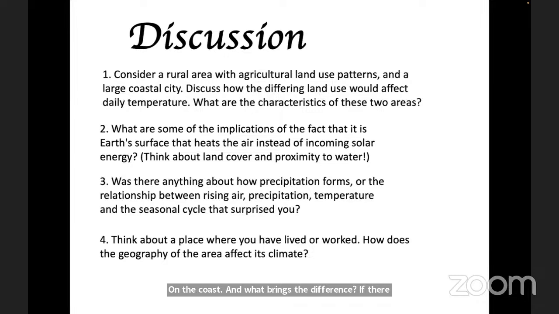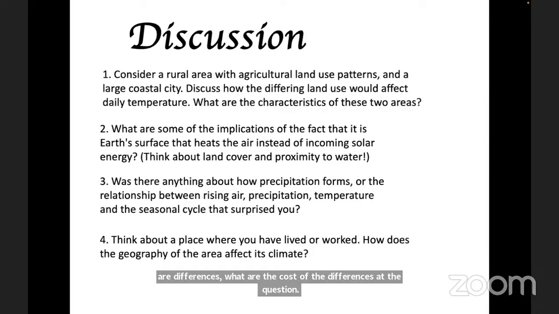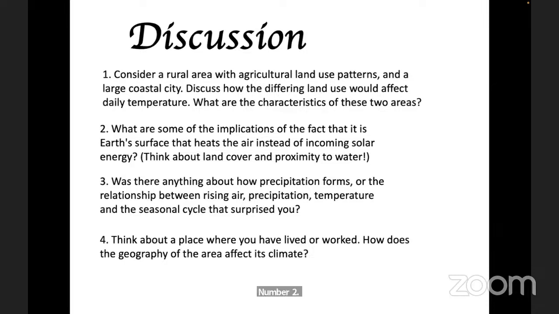Number two, I think we also mentioned this yesterday. We're good to think about. What are some of the implications, right, of the fact that it is Earth's surface that heats the air instead of incoming solar energy? This also answers one of the three questions I asked you. Remember, if you remember the question, this is the answer, but in the form of a question.